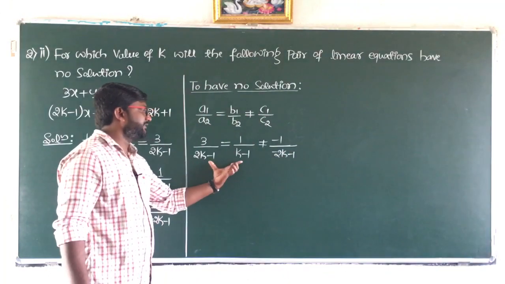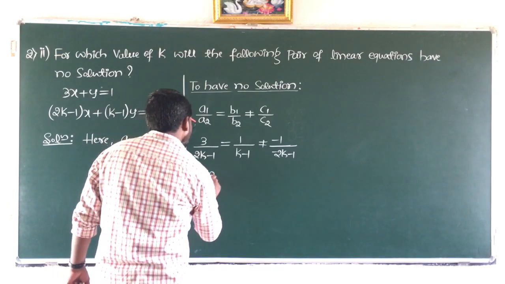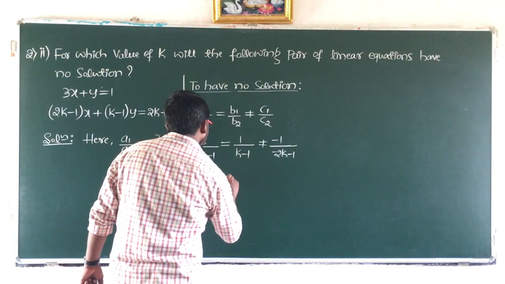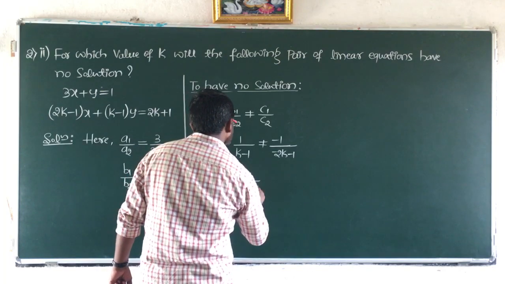So now I take these two cases. This implies 3 divided by 2k minus 1 is equal to 1 divided by k minus 1.